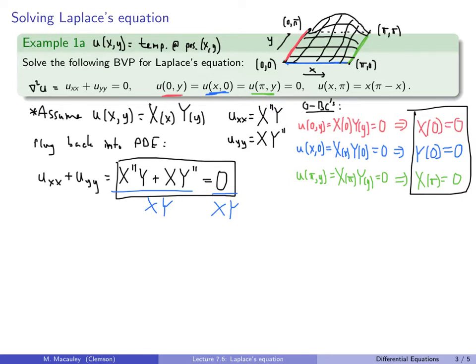That's going to be X double prime over X, because in this first term the Y's are going to cancel, and on the second term the X's are going to cancel. So X double prime over X plus Y double prime over Y equals 0.